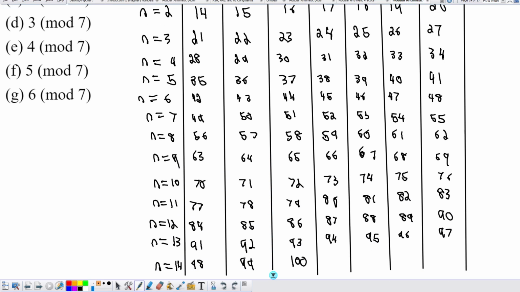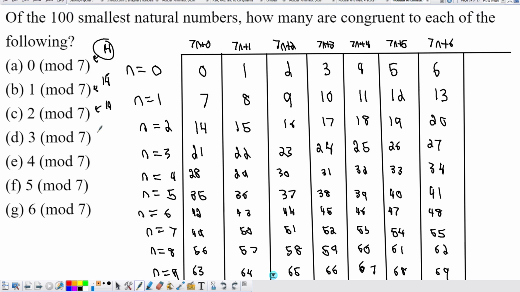Well, it cuts off at 13, and so do the rest. So the rest are just going to have 13 of the smallest 100. And that is it. Took a little bit of tedium, but not too bad.